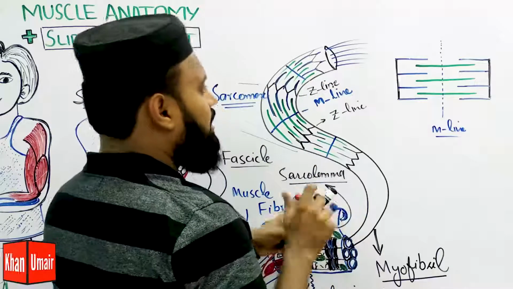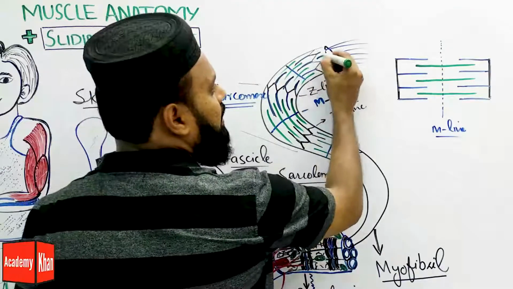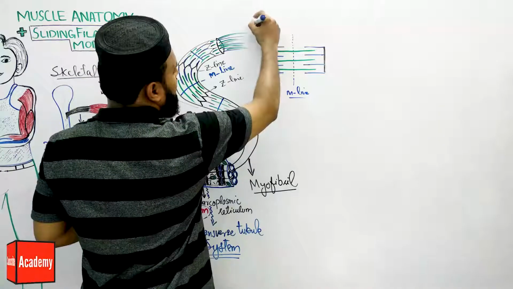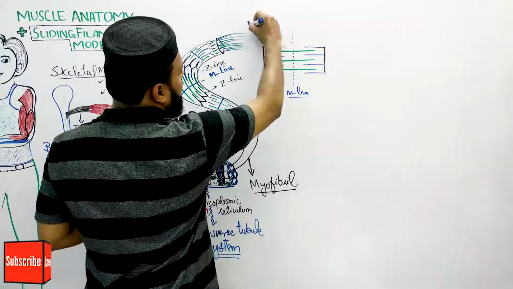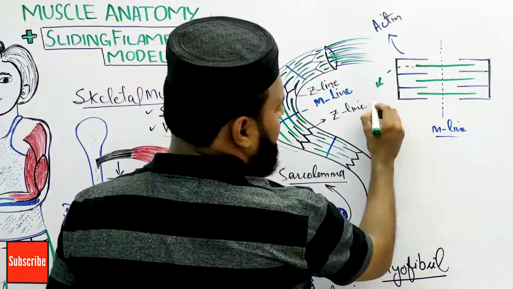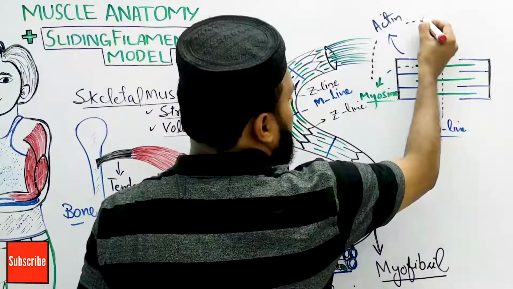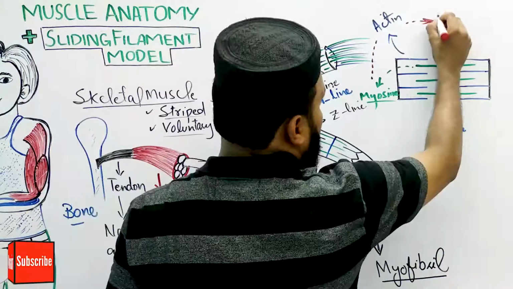In the same way the green lines are also coming from there. What are the blue lines called? They are called actin, and the green ones are called myosin. Myosin and actin are combinedly called myofilament.